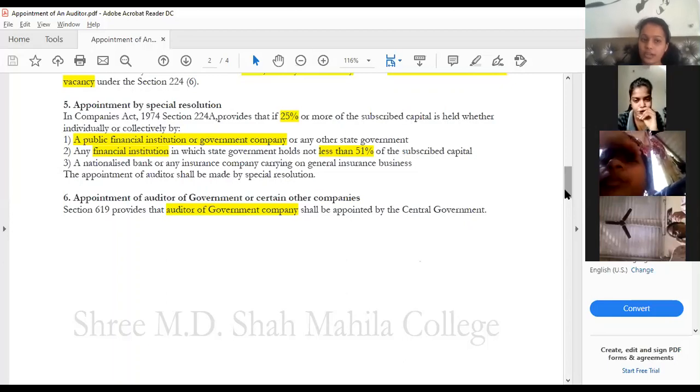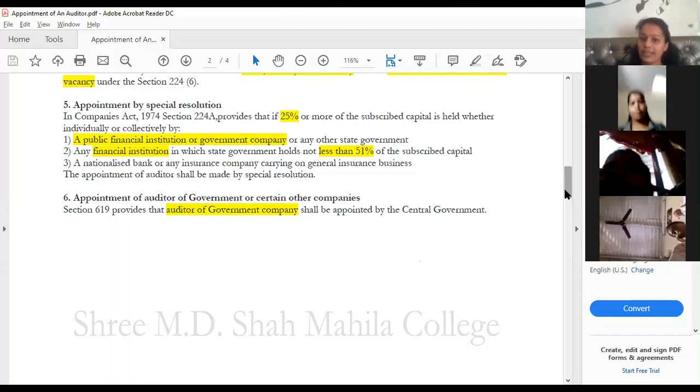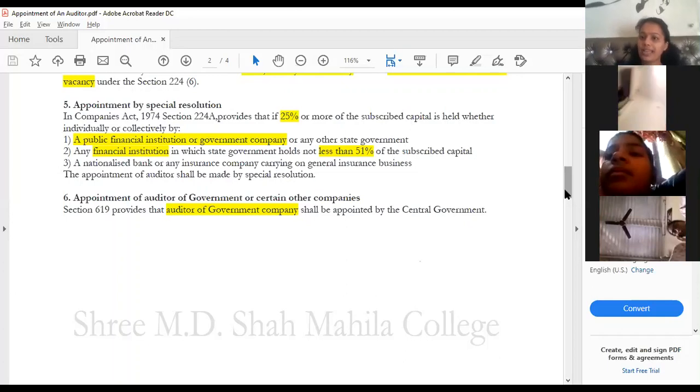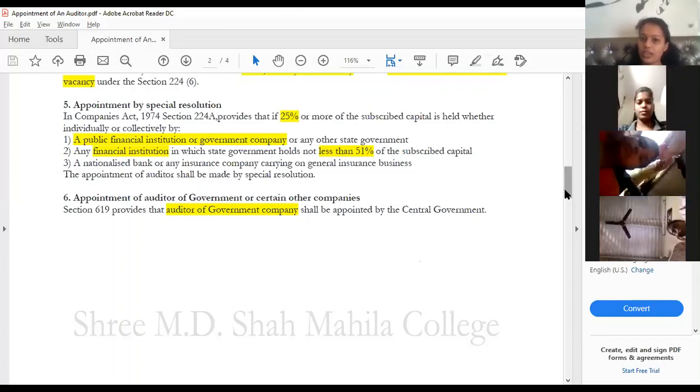Going to the last point, appointment of an auditor for government. An auditor of a government company is always appointed by the central government, so the central government appoints the auditor for the government company.